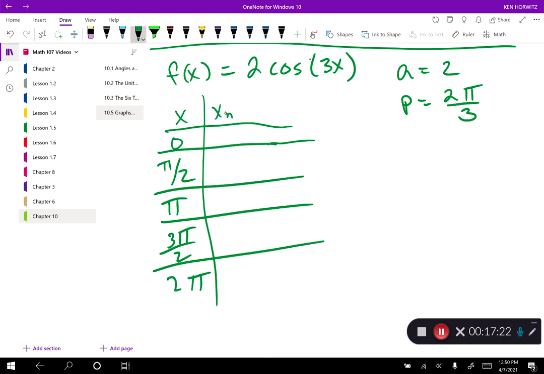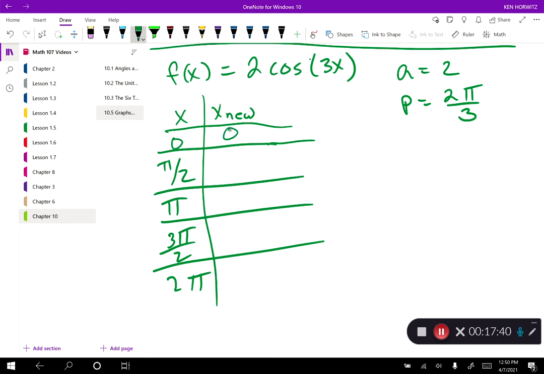And then we had x new. The reason we have x new is our period got adjusted. So all of our key values have to get adjusted to reflect the new period. We divided our period by 3, so we're going to divide our key values by 3.